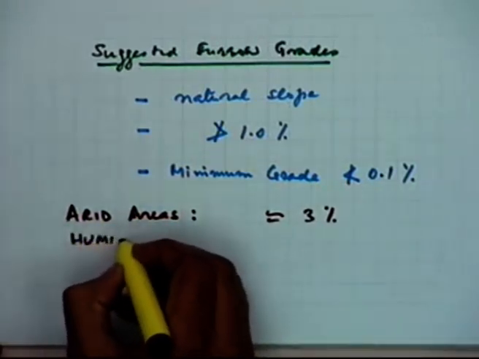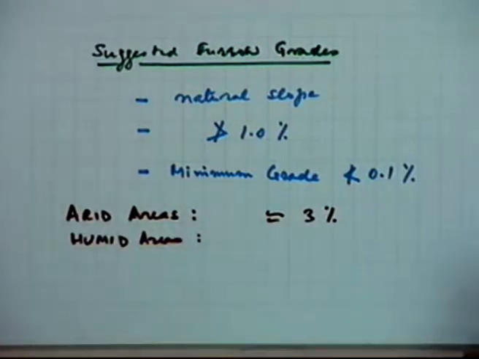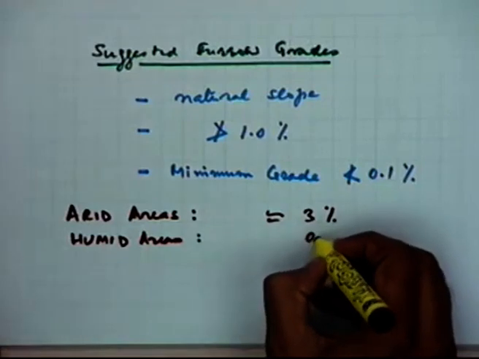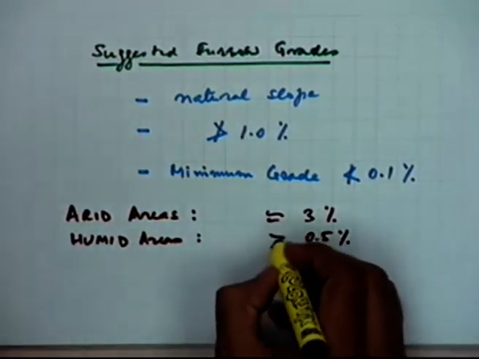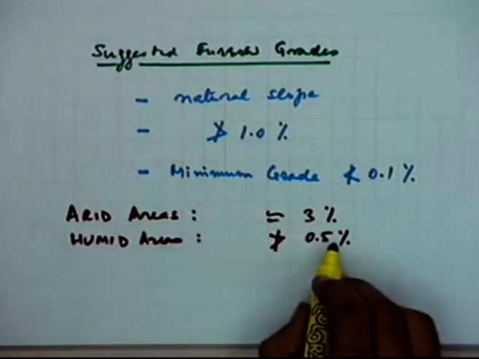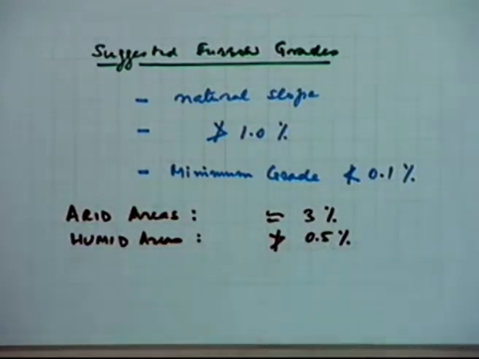The humid areas, on the other extreme, you might find that the slopes may be as low as 0.5%. So this will be the limiting slope; you should try to avoid slopes of more than 0.5%.